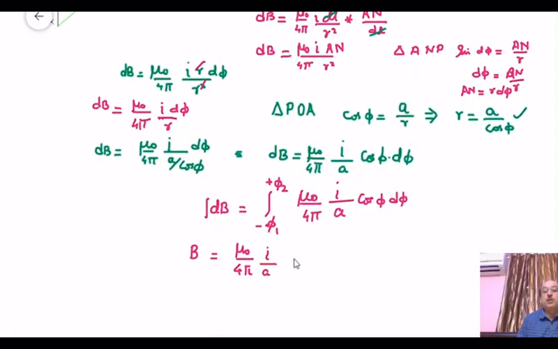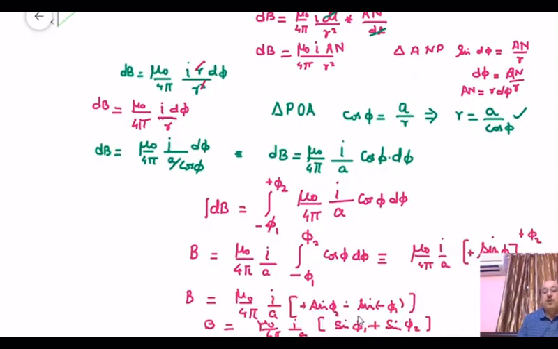Mu naught by 4 pi is already constant. So we will have the integration from minus phi 1 to phi 2 of cos phi d phi. So you will get B equal to mu naught by 4 pi, I by A, sine phi 1 plus sine phi 2, in Tesla. Thank you.